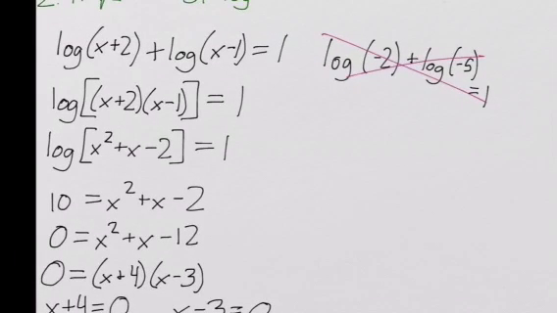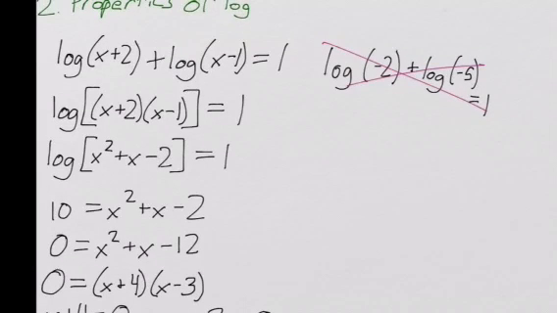Now the other one we had was x equals 3. So there we have log of 3 plus 2 is 5, plus log of 3 minus 1 is 2, equals 1.